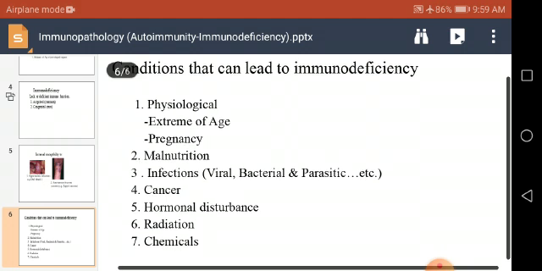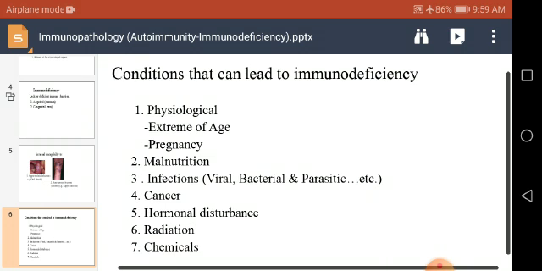physiological, and the example extreme of age, people or children who are very young, their immunity is not yet developed, it's growing. The very old, here the immunity wanes out.